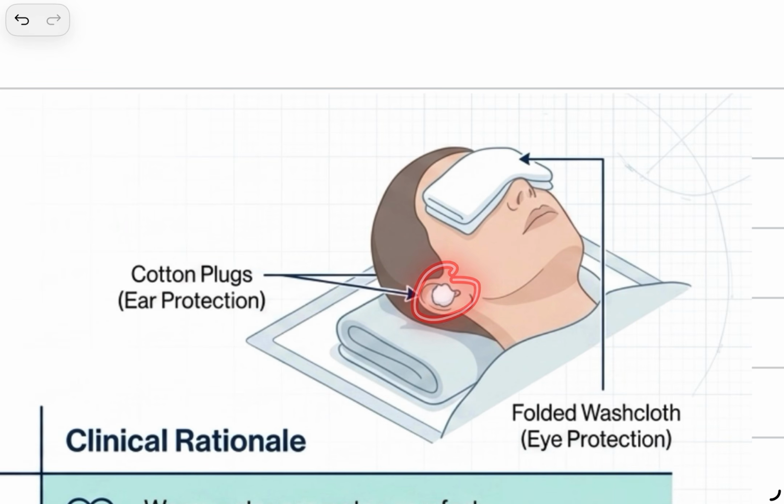They have done a cotton ear plug, and a folded washcloth to protect the eye. Right? Whenever they are pouring the water, it may enter the eye also. So in order to protect that, whether it is conditioner or water or any solutions, to protect the eye we are covering with the cotton cloth. Clear? Yes.